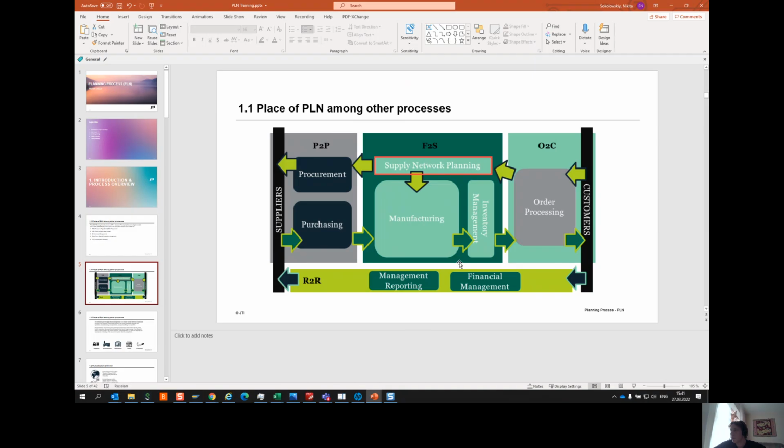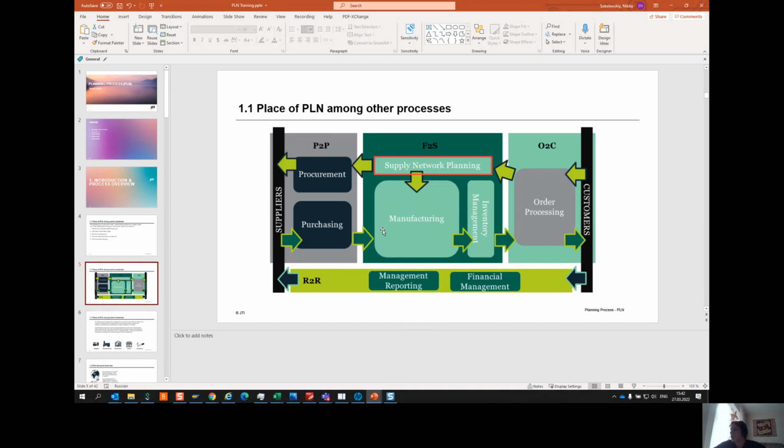All of these three modules are logically parts of the big F2S process, or forecast to stock. This mega process is responsible for manufacturing finished goods. For example, we need to ensure that we have all the components and the raw tobacco to produce finished goods such as cigarettes, tobacco vaporizing systems, roll-your-owns, and so on.